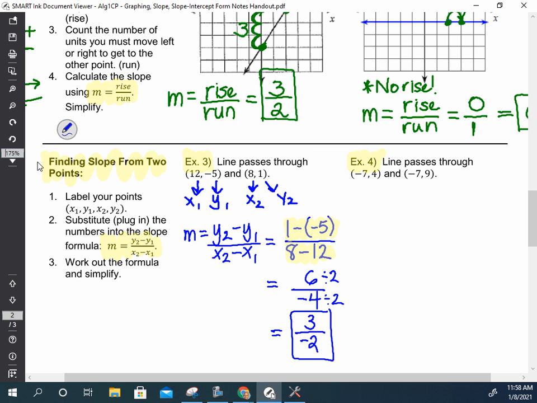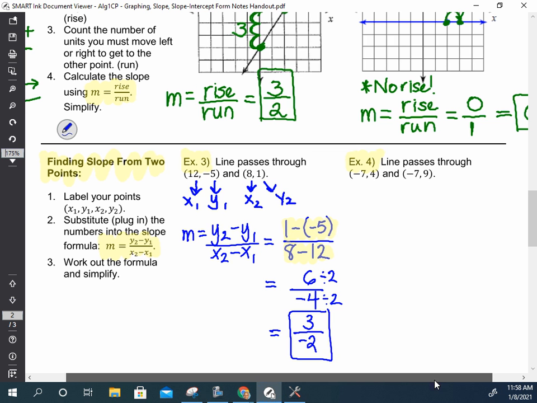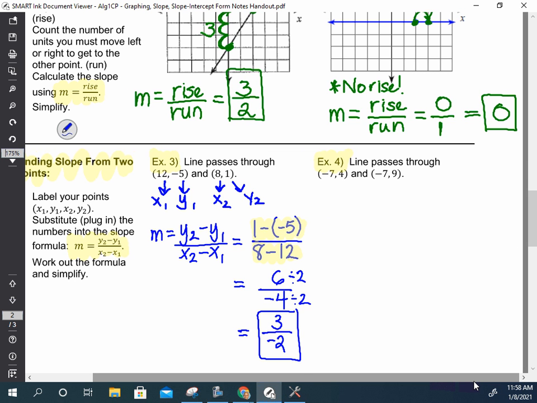All right, not seeing any, not hearing any. Let's go to example 4, and you'll get a quick 2-minute break. So example 4, you do the exact same thing. X1, Y1, X2, Y2.